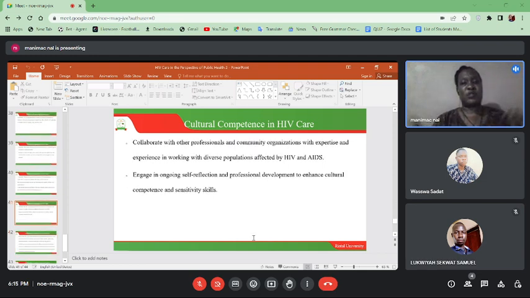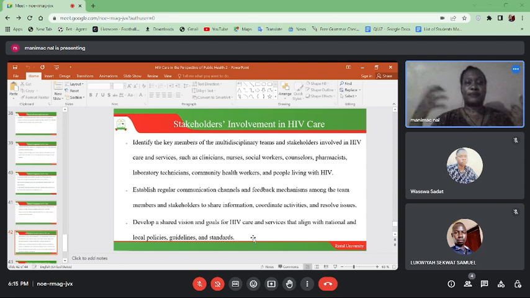Also collaborate with other professionals and community organizations who are more experienced and expert in working with people who are positive. Engage in ongoing self-reflection and professional development.